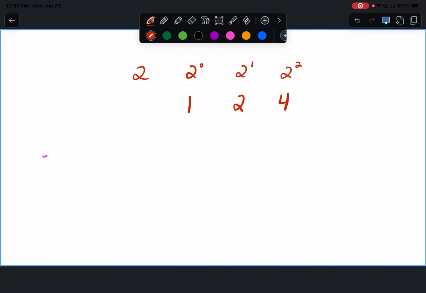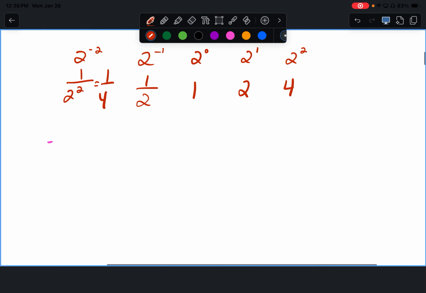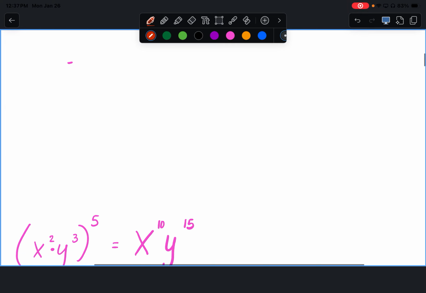So if I do 2 to the negative 1, all it does is make it 1 over 2. If I had 2 to the negative 2 power, it would be 1 over 2 squared. What is 2 squared? Okay, that's all that's happening, it's sending it to the other side of the fraction. Now, sometimes those things are in the denominator.